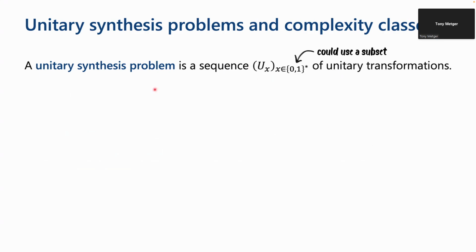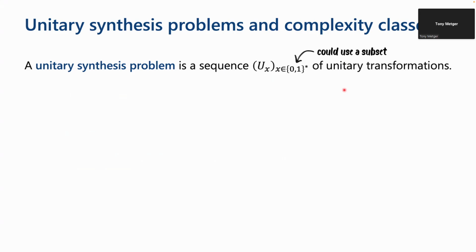You just say a unitary synthesis problem is a sequence of unitaries that are indexed by strings. And we've all implicitly agreed on an encoding from strings to unitaries, in the same way as in classical complexity, if I give you a string, we've all implicitly agreed that it is interpreted as, say, a factoring instance using some encoding.